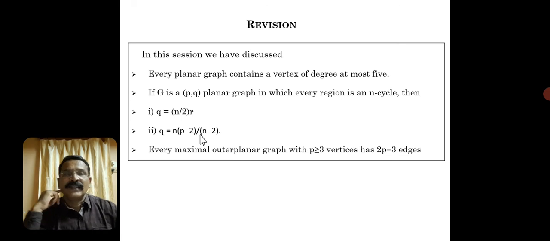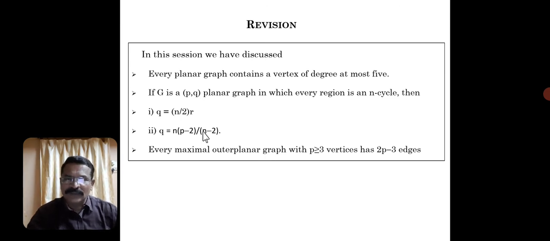So in this session, what have we discussed? We have discussed that every planar graph contains a vertex of degree at most 5. This is one result we have proved. And the next result we have proved: if G is a planar p,q graph in which every region is an n-cycle, then the number of edges is equal to nr/2, or you can say the number of edges is equal to n times (p minus 2) divided by (n minus 2).